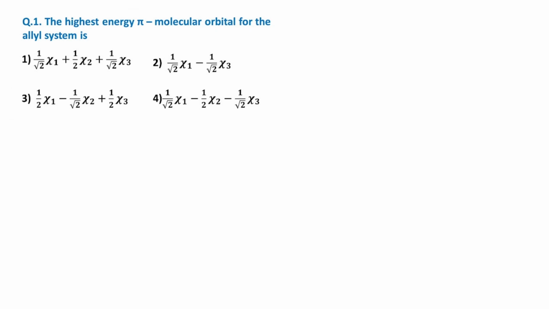The first one is positive chi1, I'm not going to the values, so positive chi1 plus positive chi2 plus positive chi3. So it will look something like this, and I'm not going to the amplitudes. So this is 1 by root 2, for the allyl system.